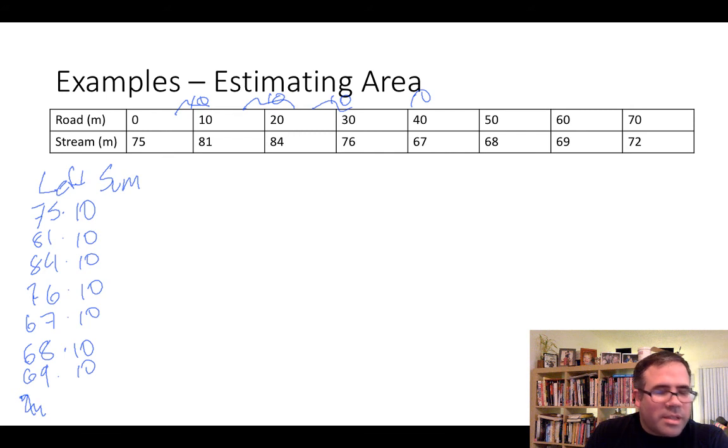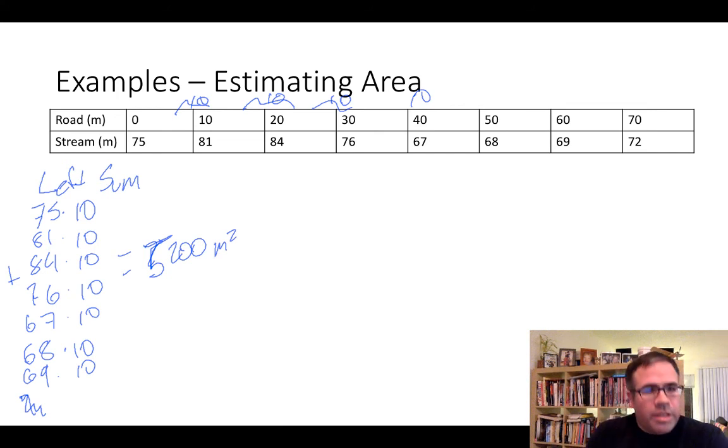You multiply all these and then add them all up. And you get 5,200. This would be square meters, because it's meters times meters.